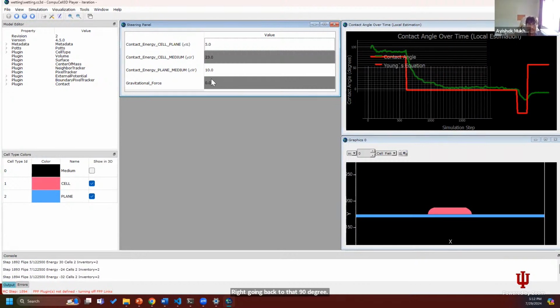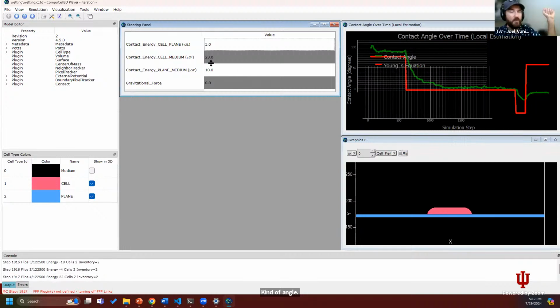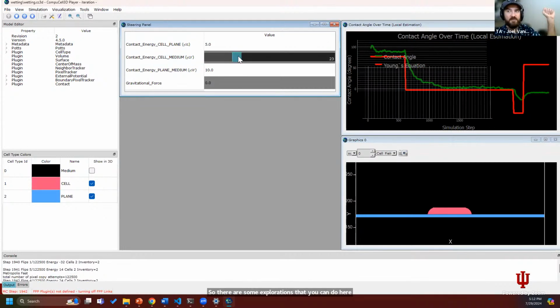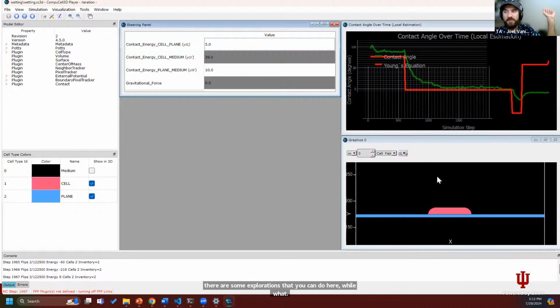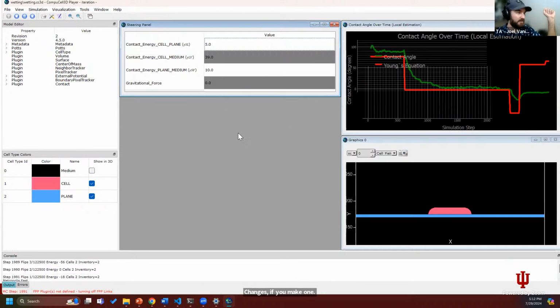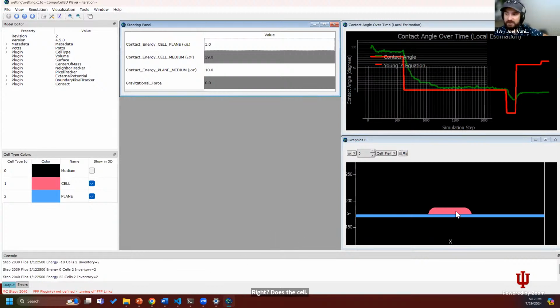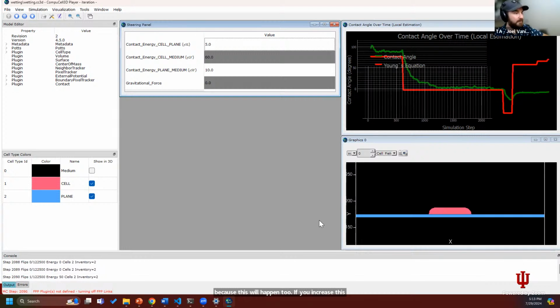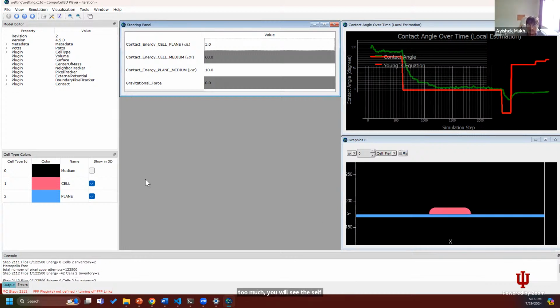So there are some explorations that you can do here. What changes if you make one too big versus the others? Does the cell freeze? Because this will happen too. If you increase this too much, you'll see the cell freezing.